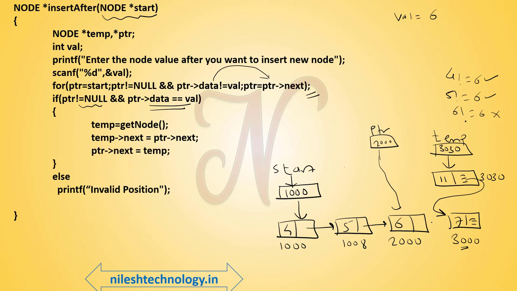Here we remove this link, and ptr of next is pointing to temp. Like this, we insert a new node after the current node. And here we return the start.